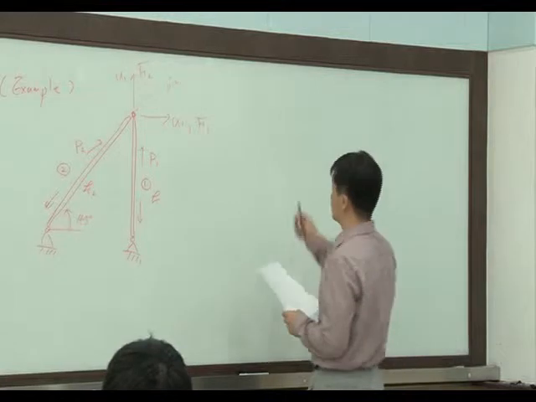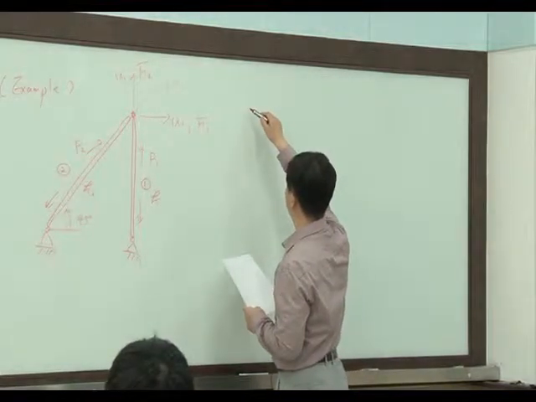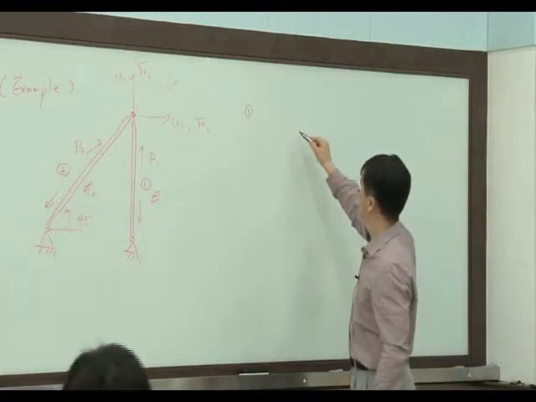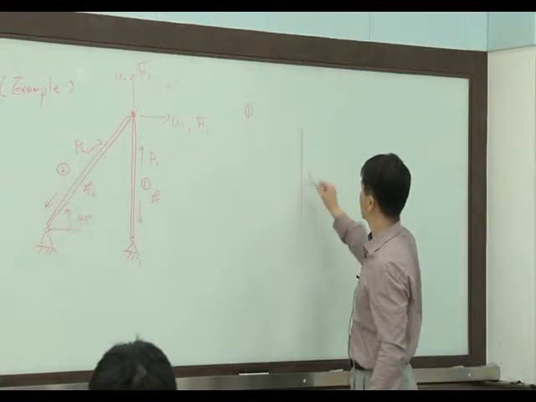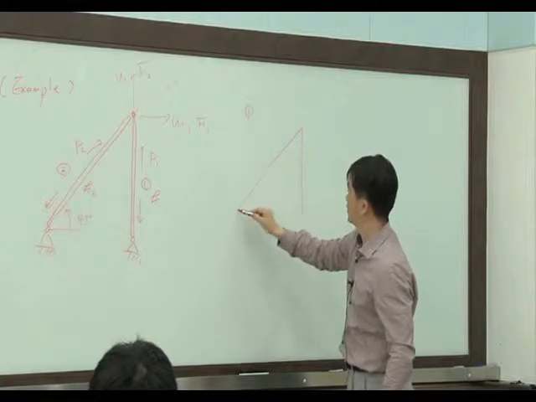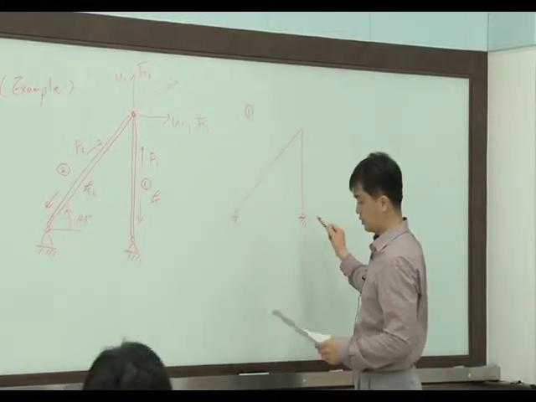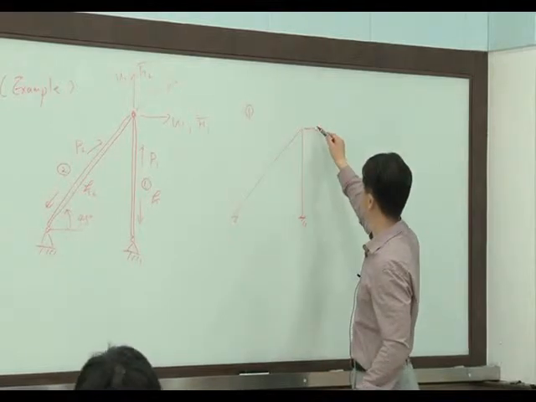Okay. So let's consider two possible displacement patterns. One is like this, at 45 degrees. The first displacement pattern is this one.